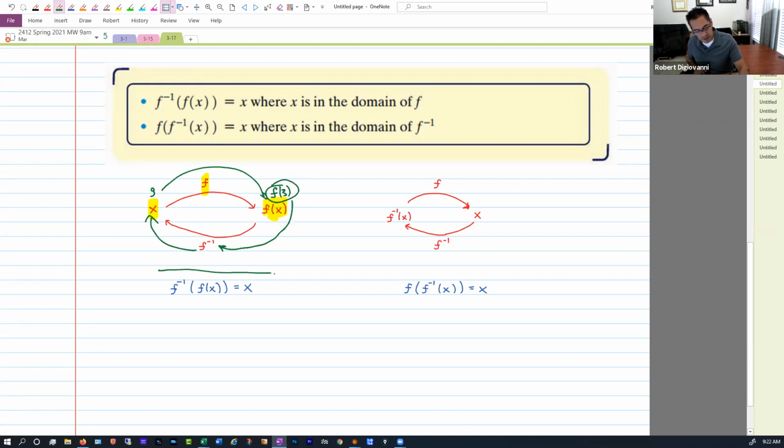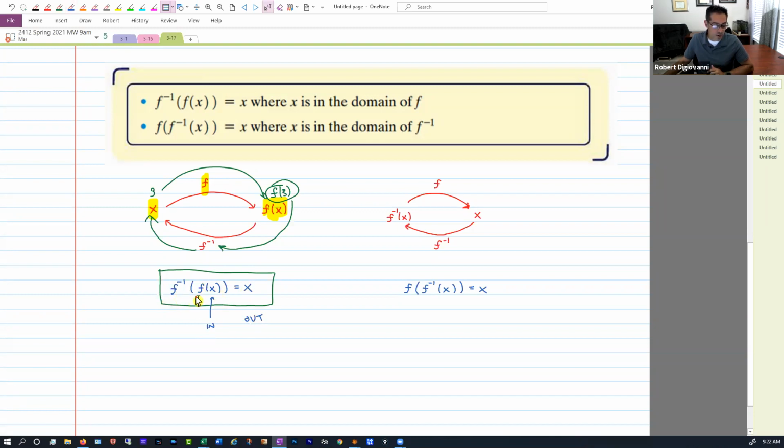And that's what this is saying. If you plug in x into the f function, and then you plug that answer into the inverse function, it's going to take it back to x. That is a property of inverse functions that you have to know.